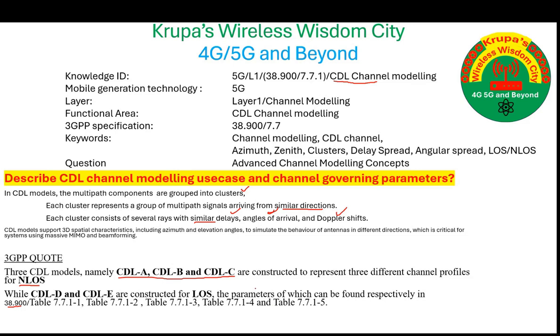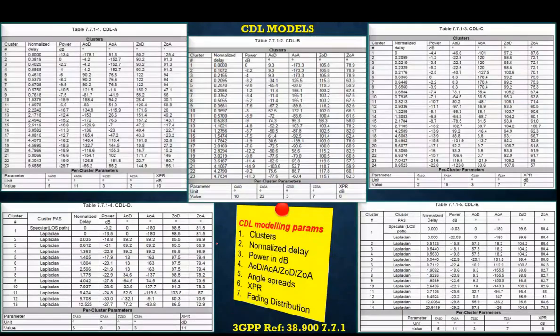We'll go through each of them as we cover the topic. These are the tables which 3GPP uses to define CDL-A, B, C, D, and E.